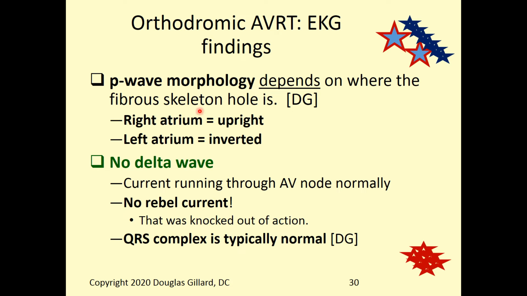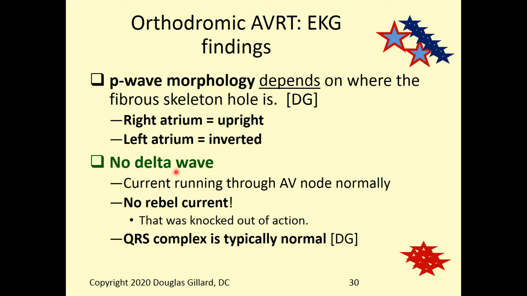P morphology: reading some texts, the P wave depends on where the hole is in the fibrous skeleton. If it's in the right atria, like in our example, the P wave tends to be upright. If it's in the left atria, it tends to be inverted. I have asked this question before in the test: will a patient with Wolff-Parkinson-White syndrome have a delta wave while they're in AVRT, while they're in the tachycardia?